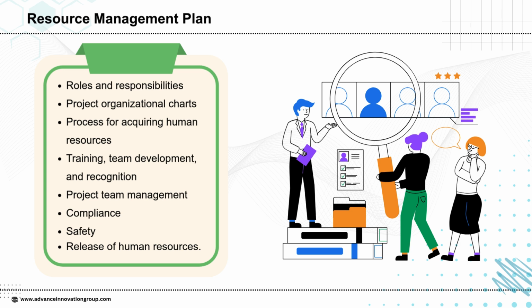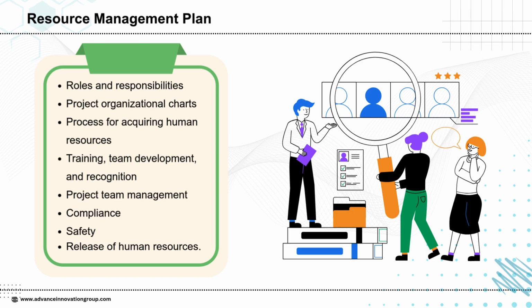After that, we focus on training, team development, and recognition to ensure that the team has the right skills and stays motivated. The plan also defines project team management, covering how performance will be monitored, conflicts will be handled, and productivity will be ensured.